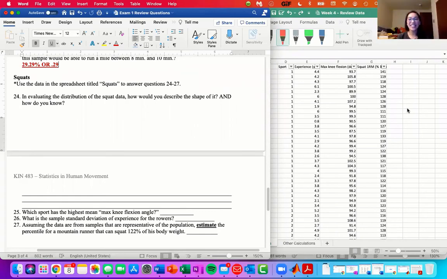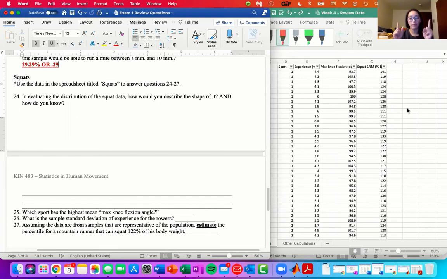No. And this is why I mentioned it earlier, because a lot of times people think if I'm looking at shape, I'll just make a histogram or a bar graph because it will easily create an image so I know if it's skewed or not. But there are some times where a sample can be slightly skewed, but it would still be considered normal in terms of the population, right?